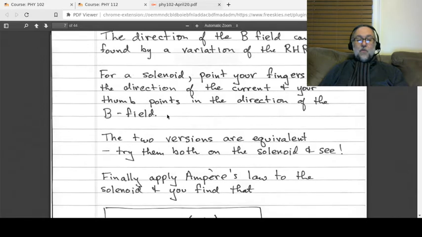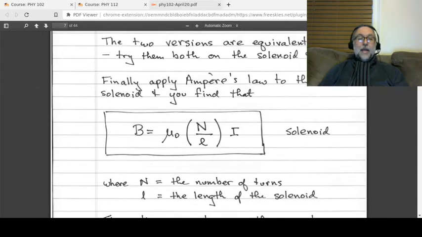But what about the formula? Well, again, I can't go through Ampere's law with all the integration and all that. I'll just give you the answer, and here it is. The magnetic field inside the solenoid, not on the outside, is equal to, once again, mu naught, the permeability of free space, multiplied by N divided by L, where N is the number of windings for the solenoid and L is its length.